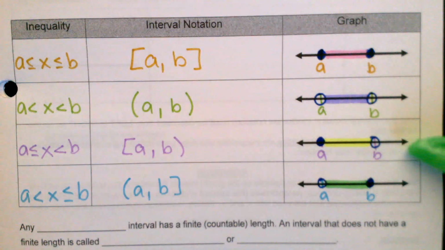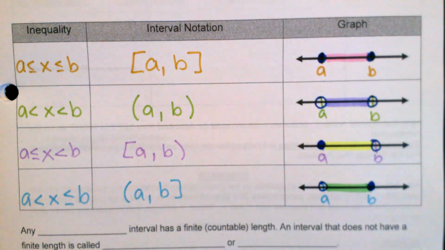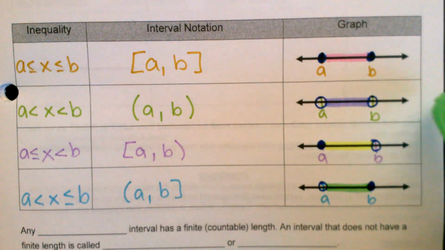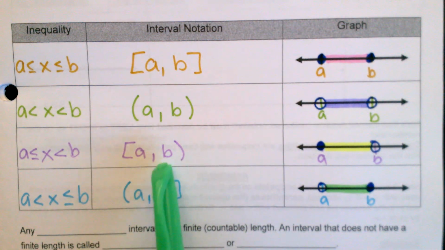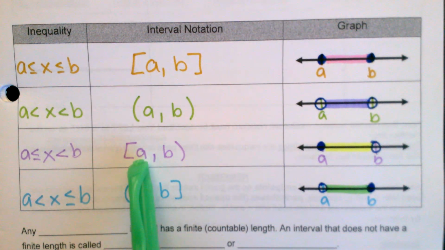So let's talk about these last two real quick. For the first one, we had both closed circles. We had the brackets on both ends. That means both of those endpoints are included in the interval, right? Okay, for the second one here, we had two parentheses. That means we had two open circles. That means that my endpoints are not included, right? So what can you tell me about my endpoints for this one?